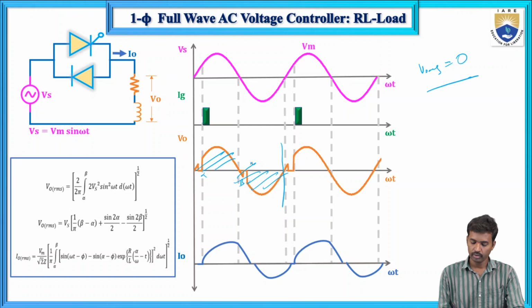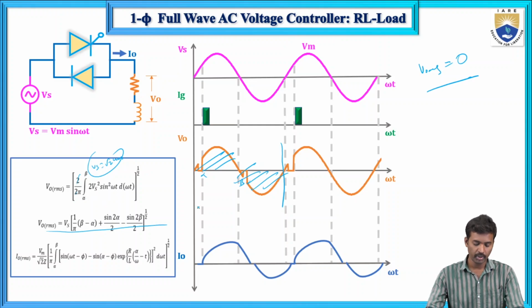Here I am taking only a half cycle of the 2 pi time period. Vs equals root 2 into Vm, so Vs square sin square omega t, that is Vm sin omega t. Now V0 RMS equals Vs into under root 1 by pi, beta minus alpha plus sin 2 alpha by 2 minus sin 2 beta by 2.